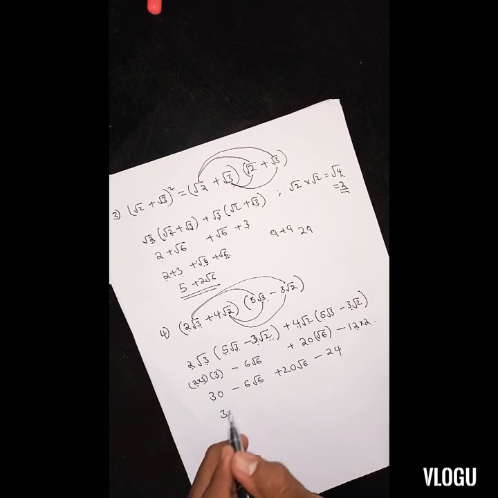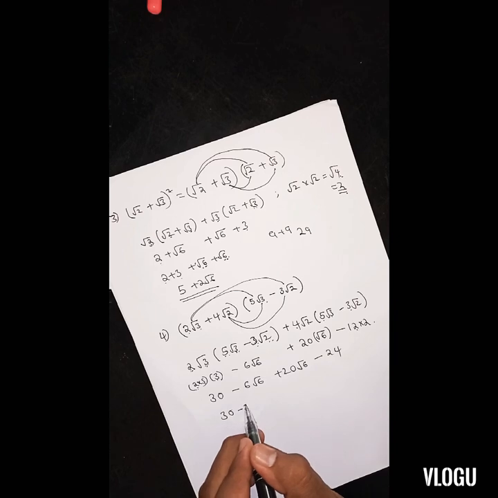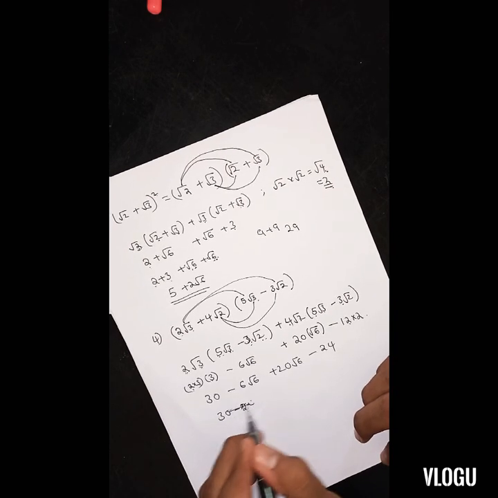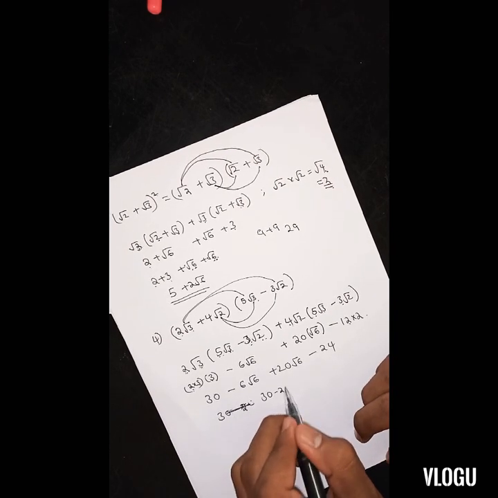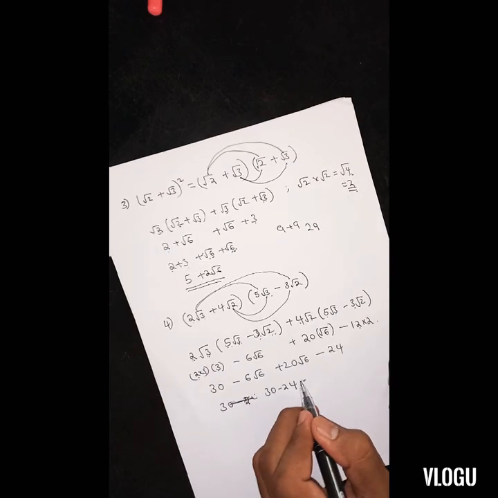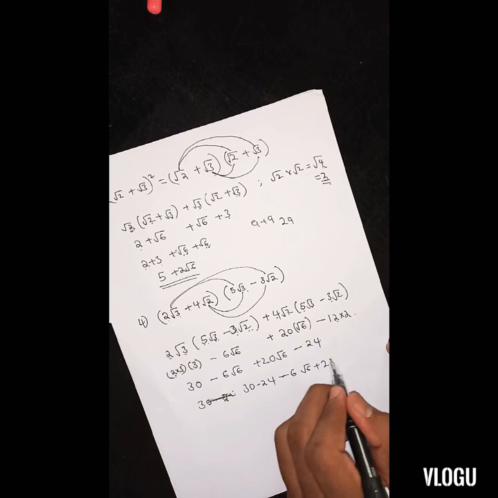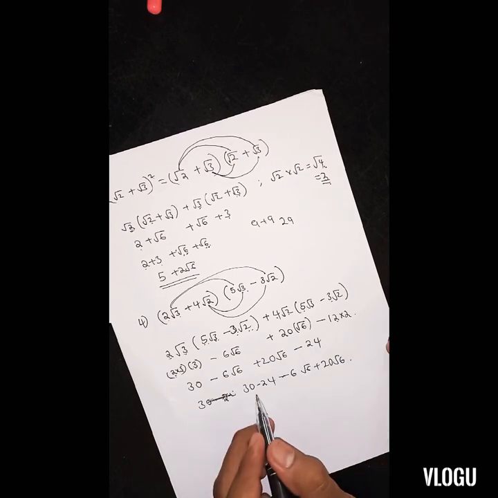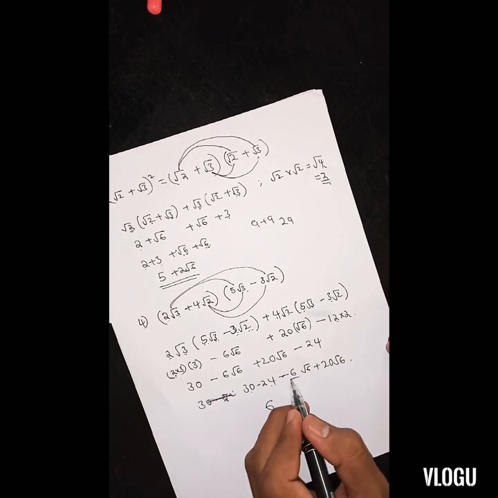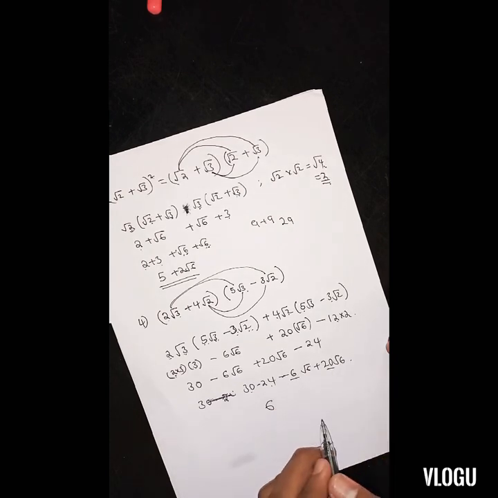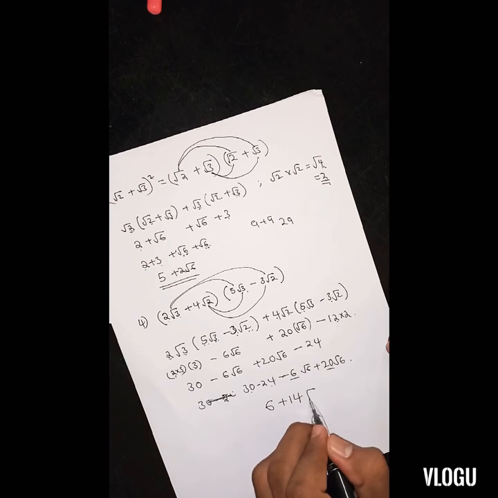So we'll have 30 minus 24, minus 6 root 6 plus 20 root 6. 30 minus 24 is 6. Minus 6 plus 20 gives you plus 14 root 6.